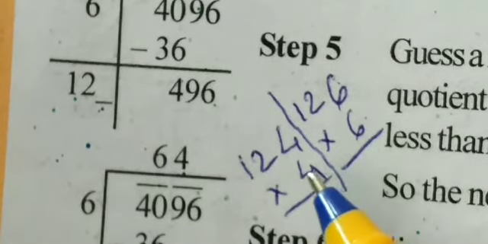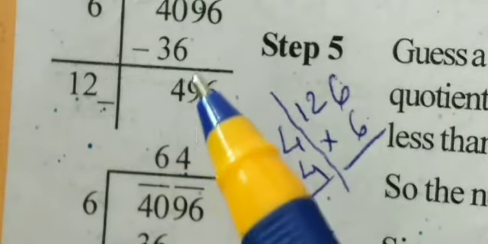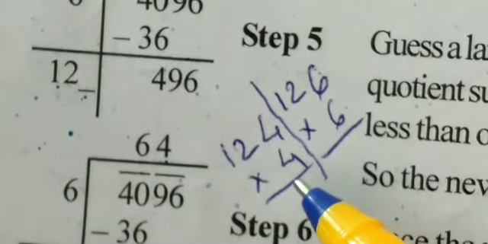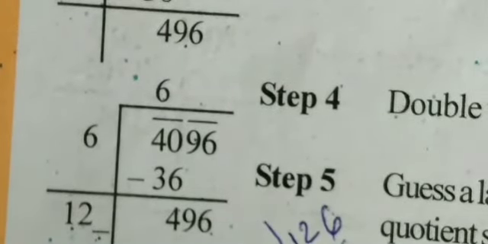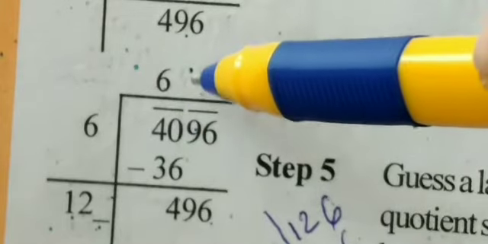So 4 1s are 4 और यहाँ पे 6 1s are 6 आ जाएगा, which is going to be bigger than 496. So 4 will be the right choice. You have to put here 4 and at the same you have to put here 4. Okay, here we put 4 here and 4 here.